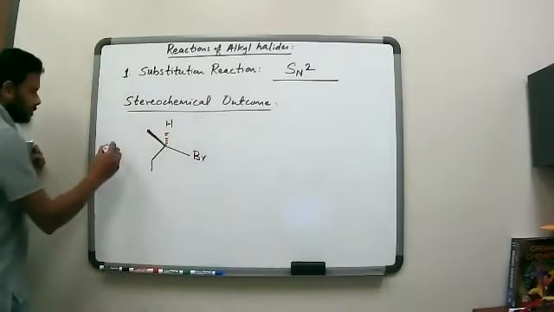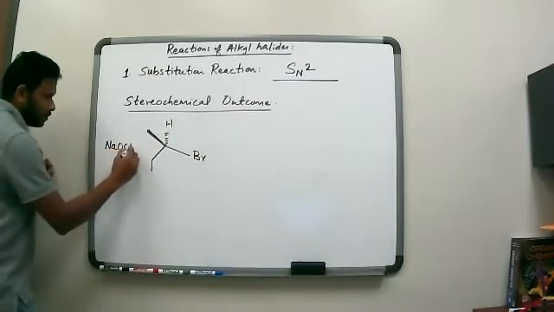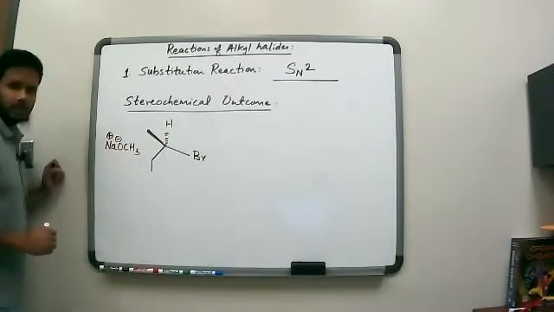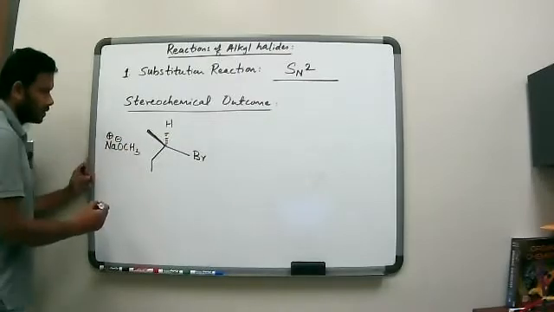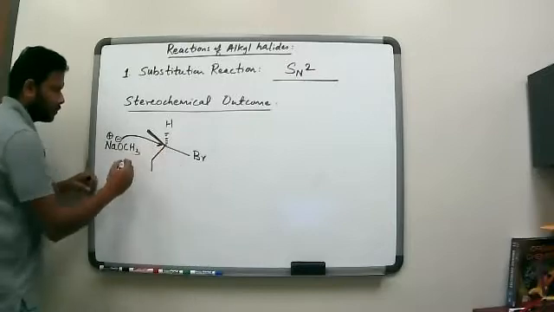So essentially what is happening here is when we have sodium methoxide, this is plus, this is minus. It's a backside attack again. So the methoxide comes from the backside of the bromine.